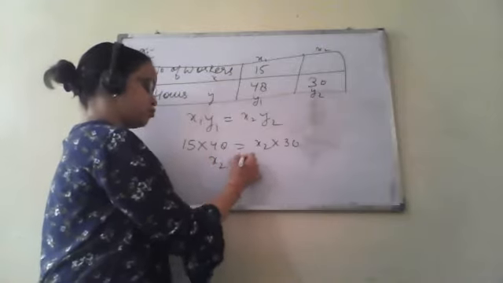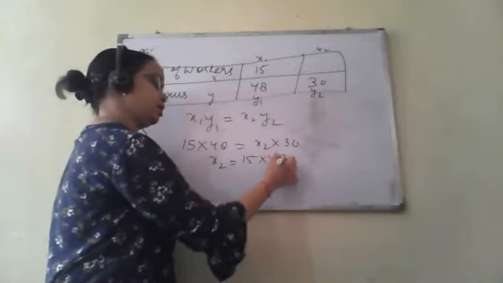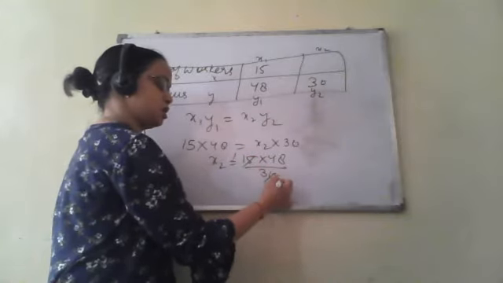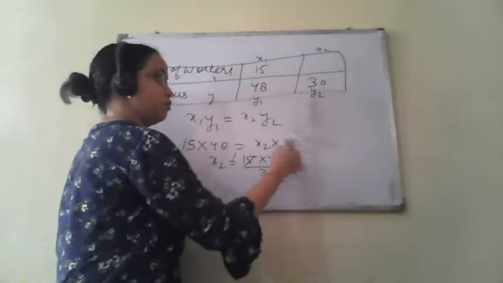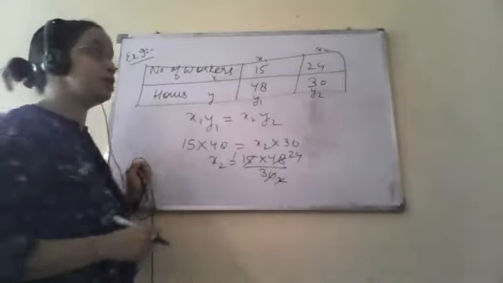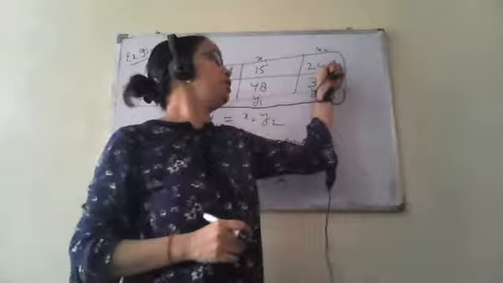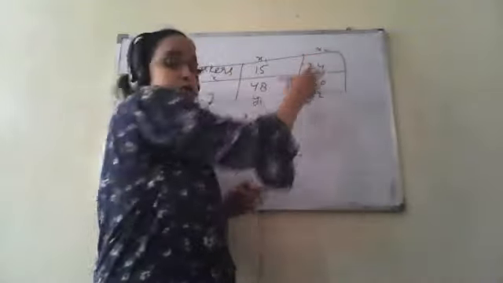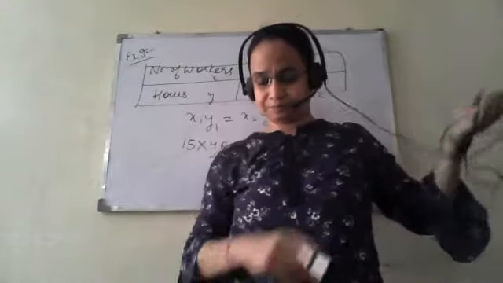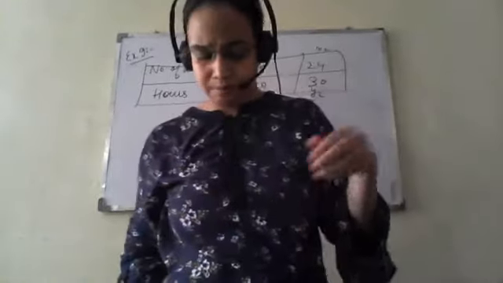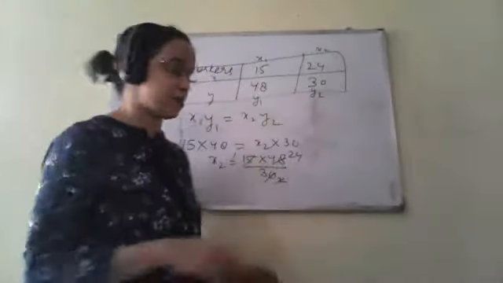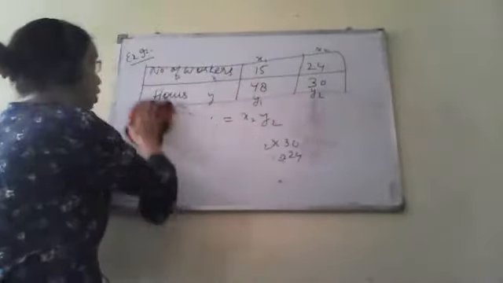So x2 is 15 into 48 upon 30. That is 24. So the number of workers required to complete the given task in 30 hours will be 24. That means the number of workers should be increased in order to complete the task in the given time. Clear? So now we will start with exercise 13.2.